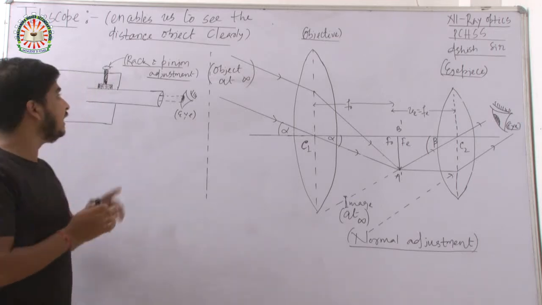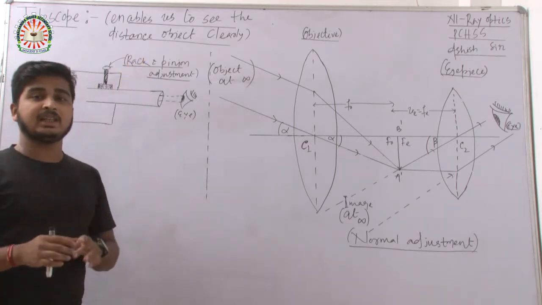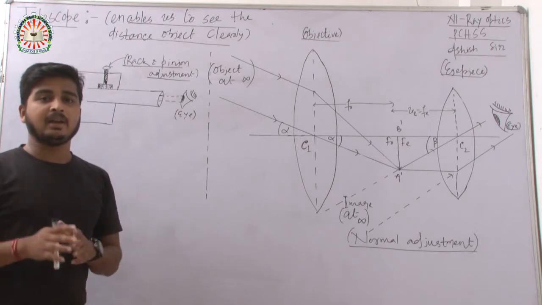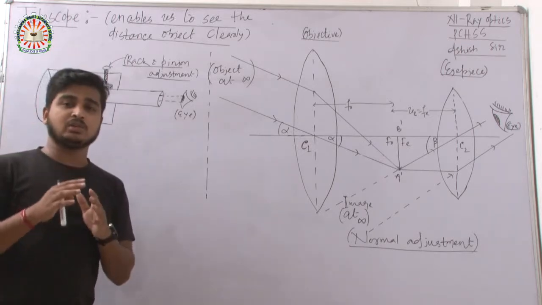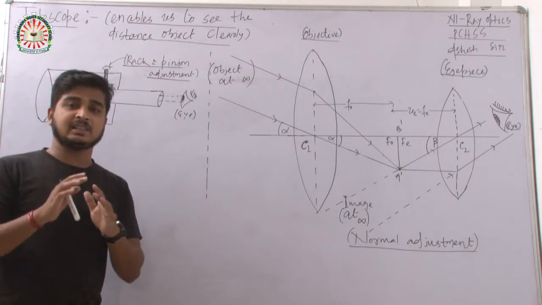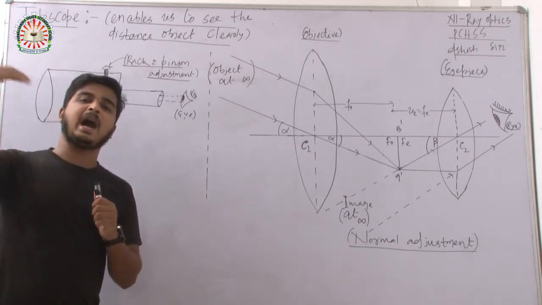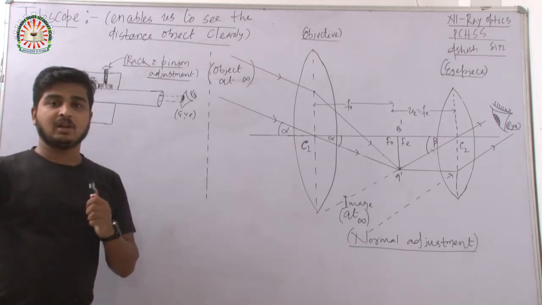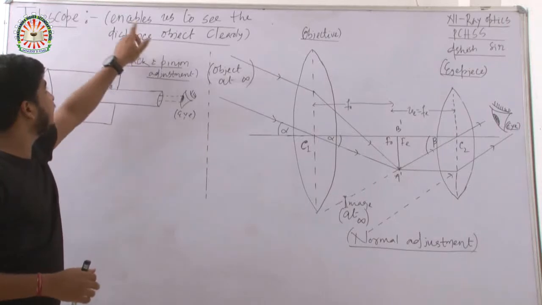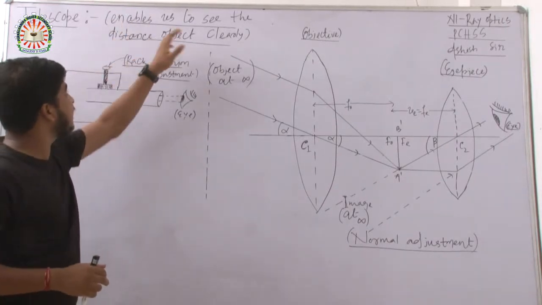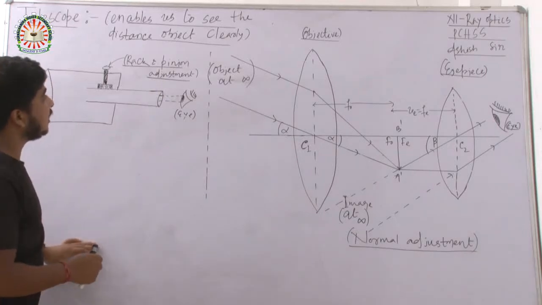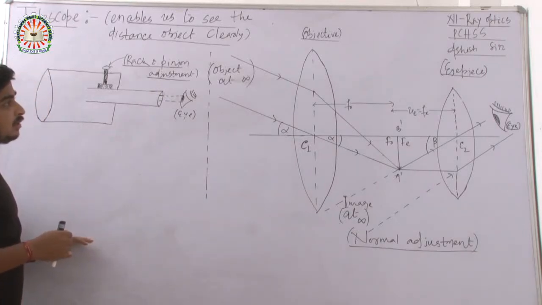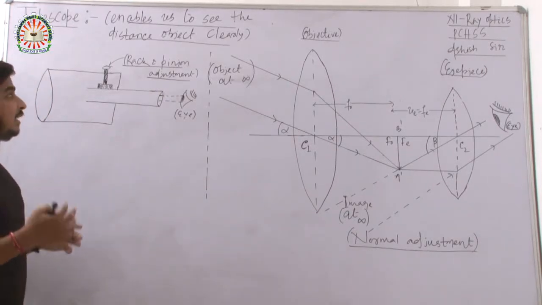So we use a telescope in order to see these heavenly bodies. A telescope is usually used to see things clearly which are far away from our vision. Here I have written: the telescope helps us to see distant objects clearly. Now let's discuss the basic concept of a telescope.